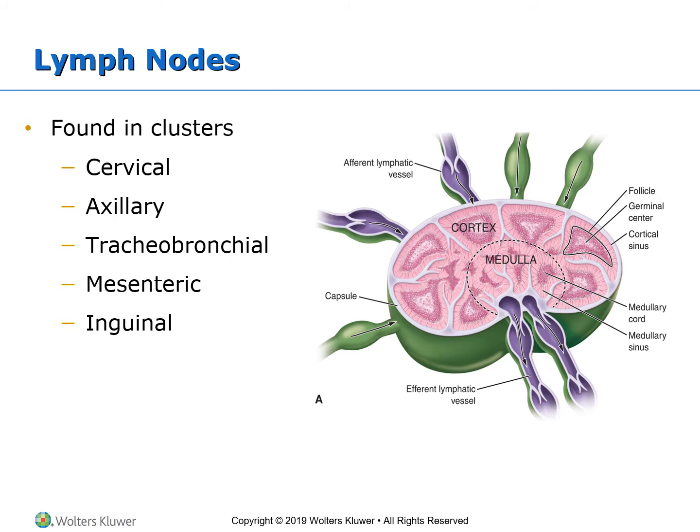At various points on the node's surface, the node will receive incoming afferent lymphatic vessels. Remember, from the nervous system, everything that is coming into a structure will be called afferent with an A.